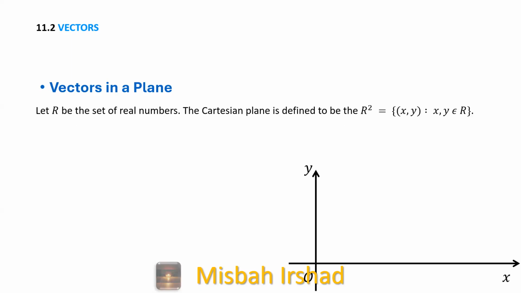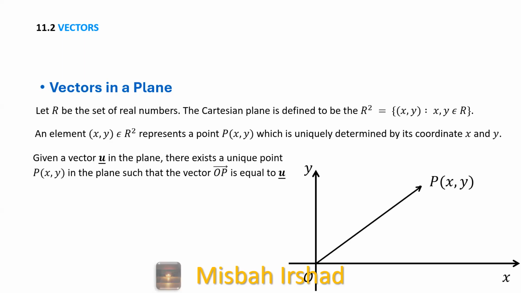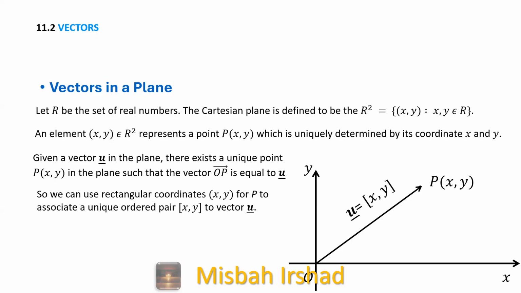So we know that the plane is the collection of all the ordered pairs like (x, y), where x and y both are real numbers. And if we join any point in the plane with the origin, OP is the position vector of that point. And it can be written as u is equal to [x, y].